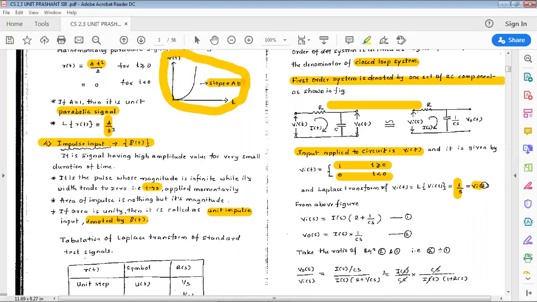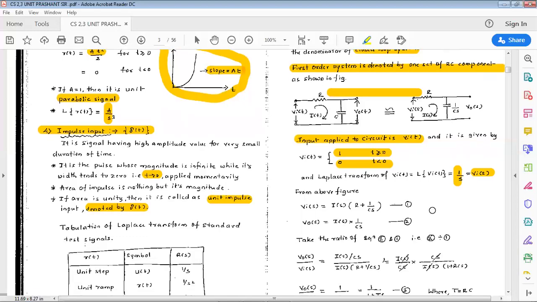Therefore Vi of s equals 1 by s. From the above figure we can apply KVL. Therefore Vi of s equals I of s times (R plus 1 by Cs). Call this equation 1. Vo of s equals I of s times 1 by Cs. This is equation number 2.